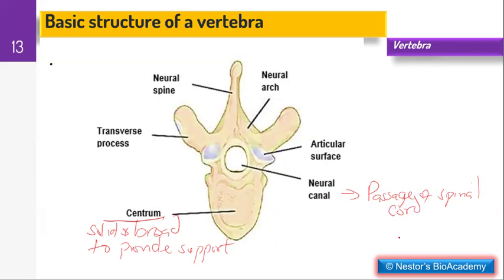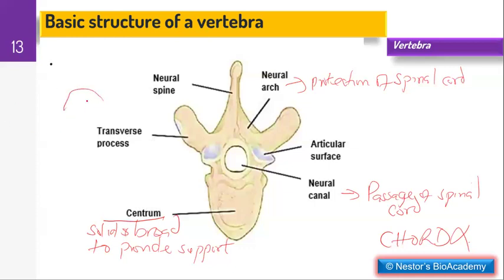Take note, it is spinal cord, not spinal chord. And then the neural arc also contributes to protection of the spinal cord. Remember, an arc is a structure of this end, an arc. So if you look at this as the centrum, then this arc of bones this way is making up what we're calling the neural arc.